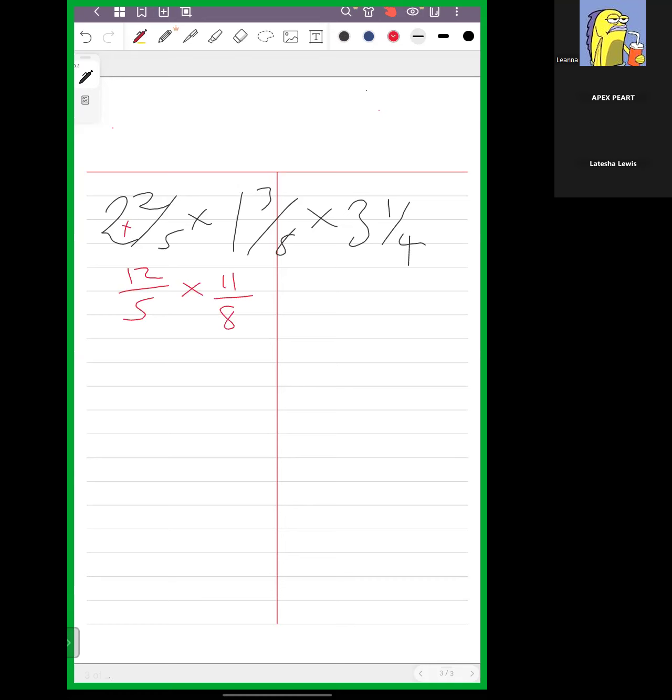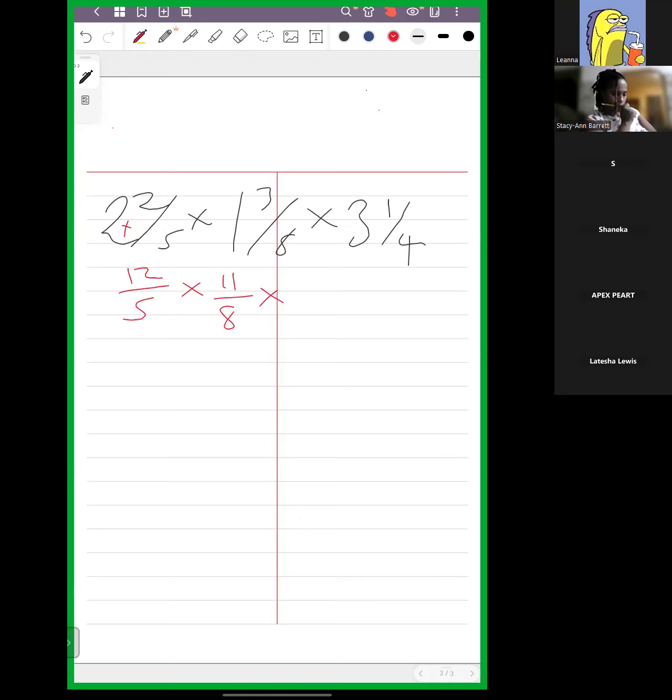Already missing something we can cancel out. So that's good news. And 4 multiplied by 3 is 12. 12 plus 1 is 13 over 4.